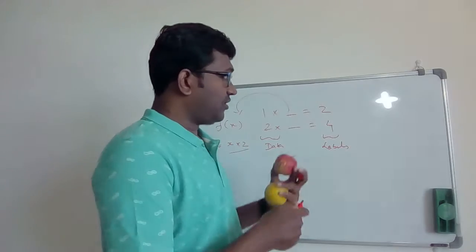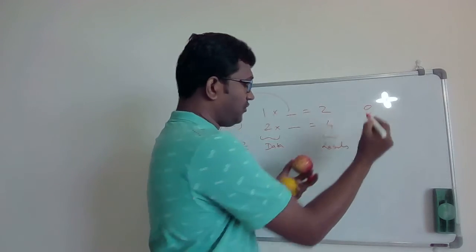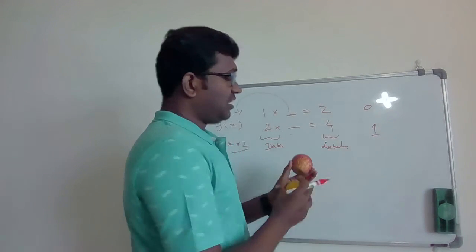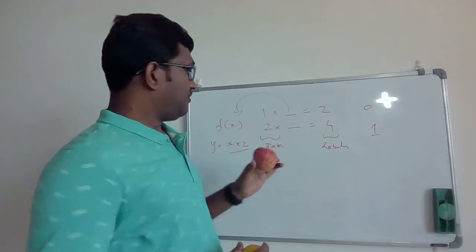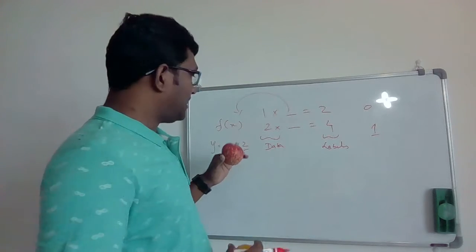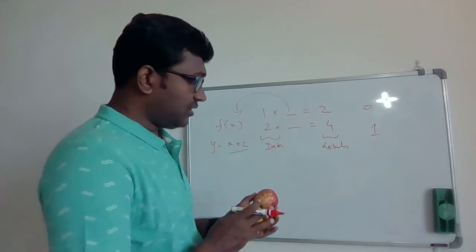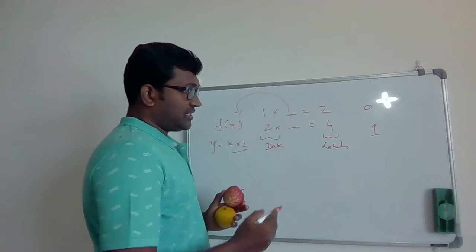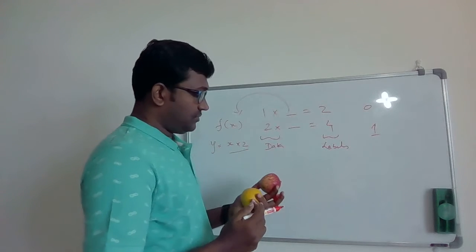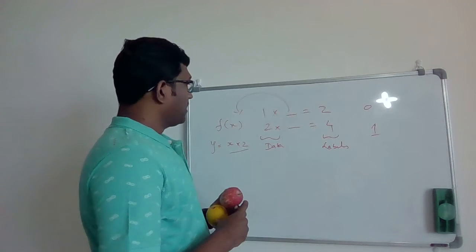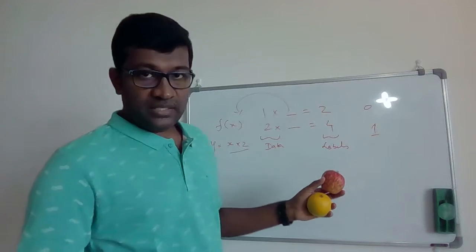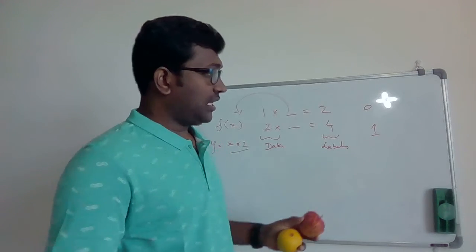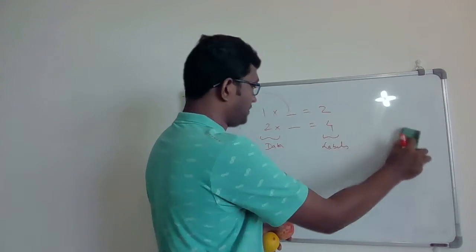Let's say class 0 for apple and class 1 for sweet lime. We run an algorithm to find a similar function f of x. In that case, it will not be linear regression, it will be logistic regression. So that's in a nutshell how learning happens for classification and regression.